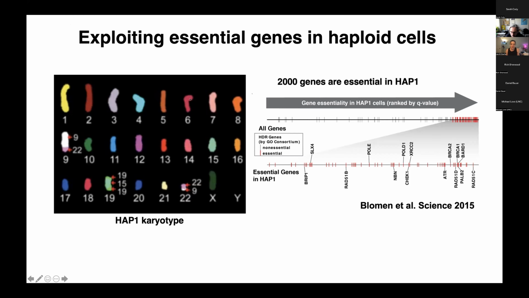And cell survival or cell growth is one such assay that has been used very successfully, but especially in yeast and bacteria. But here, we're going to be taking advantage of a haploid cell line called HAP1, where we only need to target one allele, which makes editing the genome that much easier. And from different studies from different groups, at least 2,000 genes are essential in this line, including many of my favorites that are associated with hereditary breast and ovarian cancer.